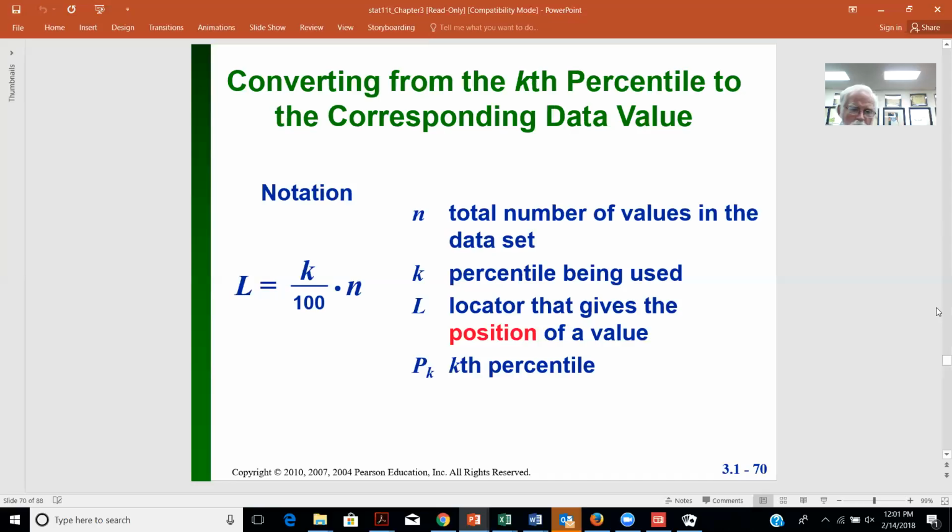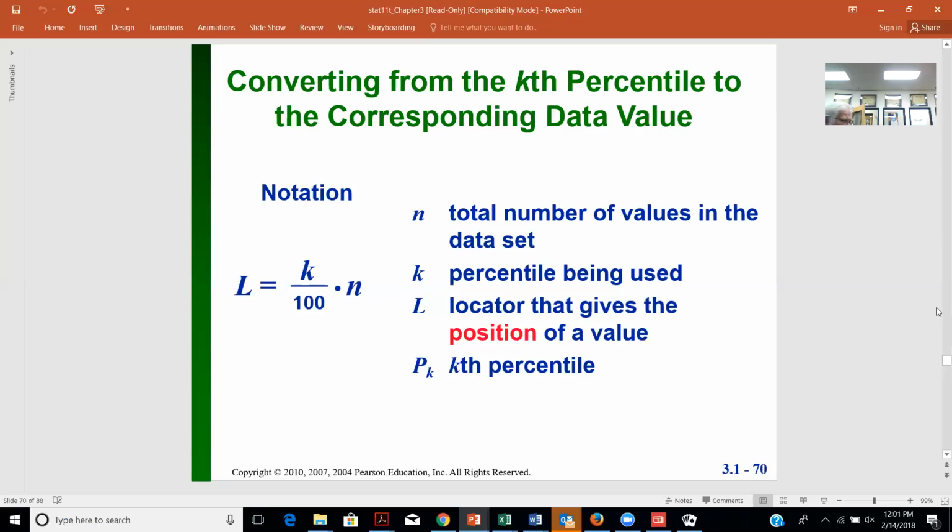So what we do is we define again percentile, in a data set, as the place where that percentage of the data is below the position you're looking at. So we can go the other way, and we can actually convert a data value from knowing the percentile.